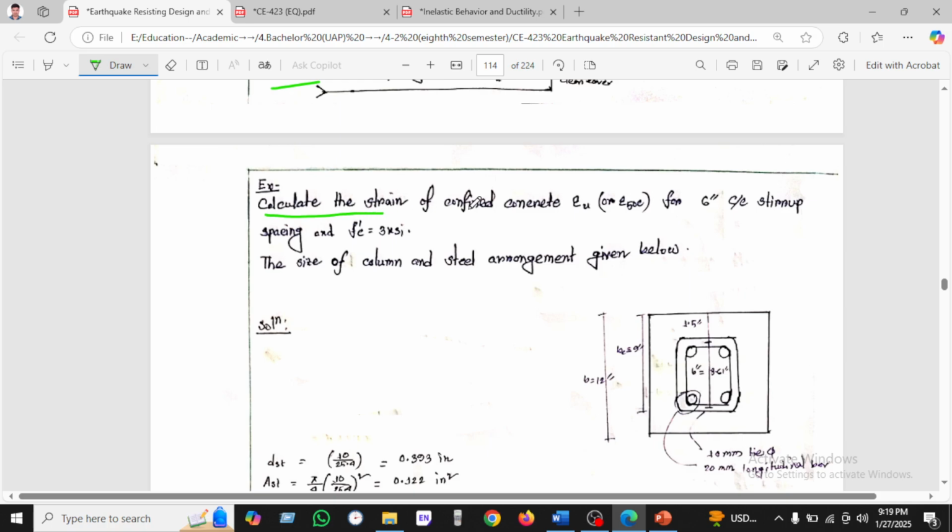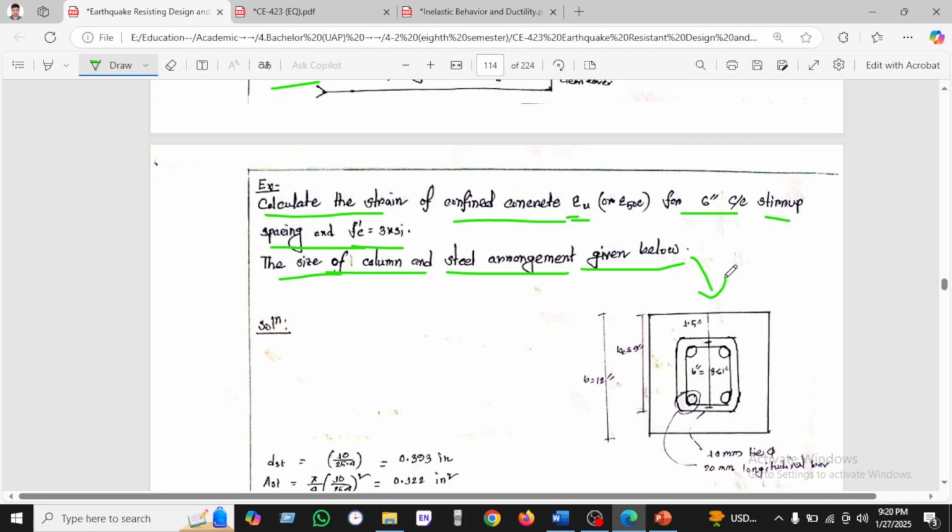Calculate the strain of confined concrete, where strain U is given, which is unconfined, for 6 inches stirrup spacing, and f'c is 3 ksi. The size of the column and steel arrangement is given below.